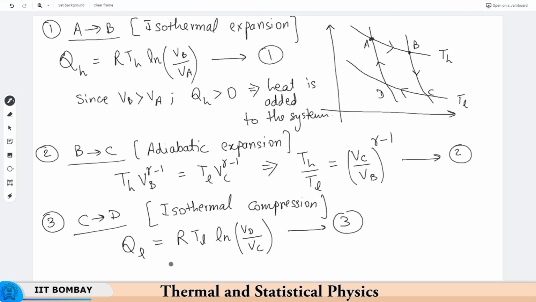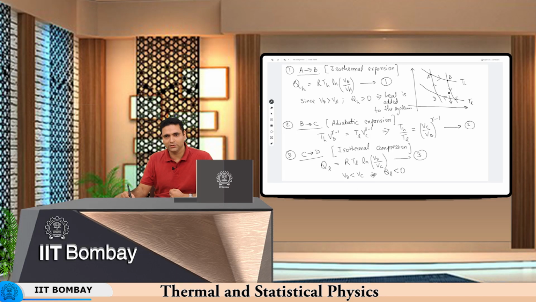We can see that VD is less than VC, which implies QL is negative, and that means heat is released from the system. This heat is dumped into the cold reservoir. So, here the heat is absorbed into the system and here the heat is dumped into the reservoir, right. This is the amount of heat released to the cold reservoir.